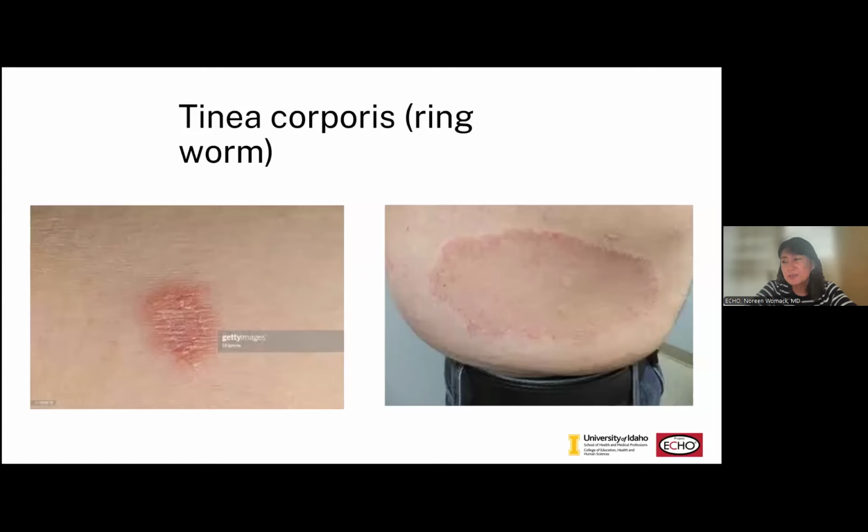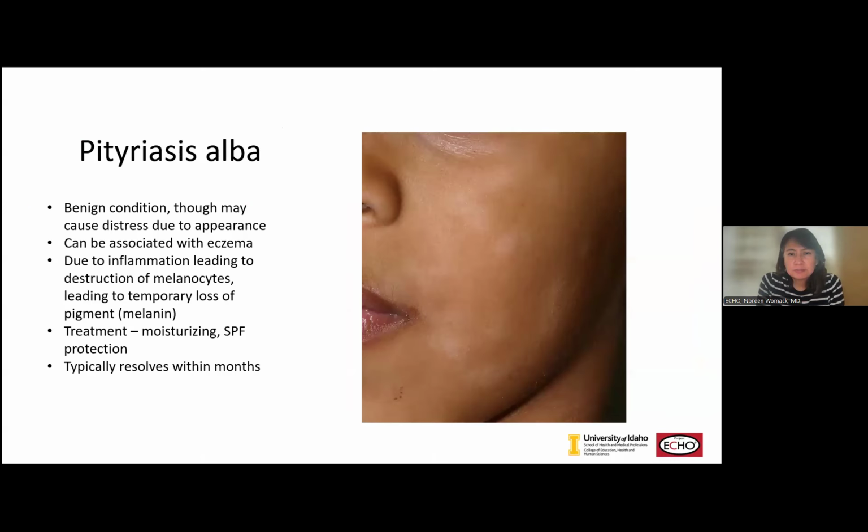Oftentimes I find that instead of getting it from other children, kids get it from pets. It's good to ask about a new kitten, or maybe a dog that has an area of balding. So it's zoonotic for sure. Next slide.